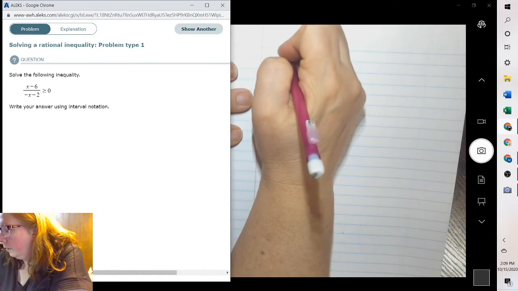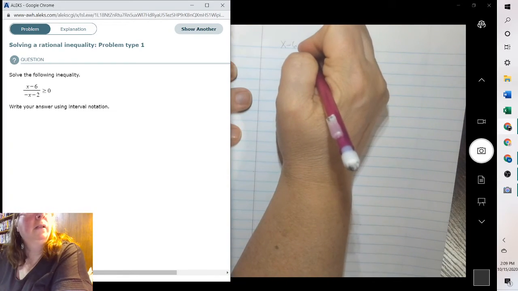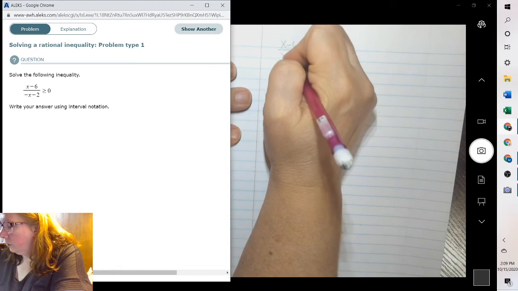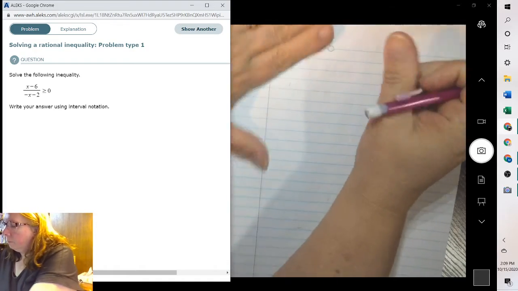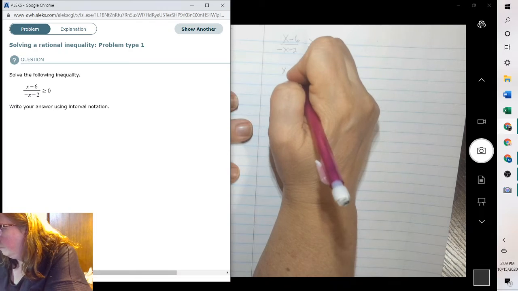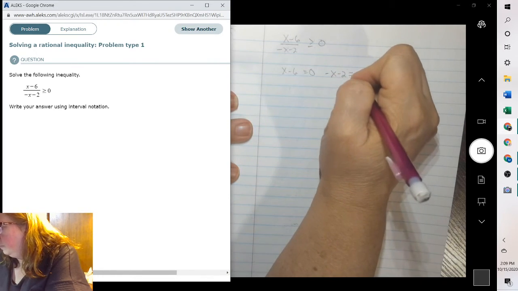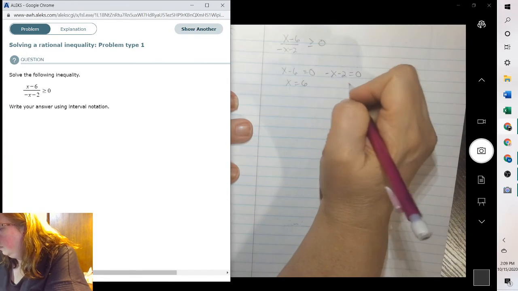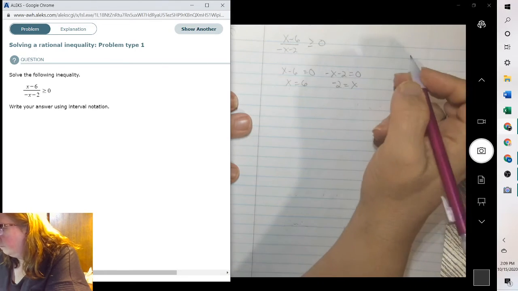We have x minus 6 over negative x minus 2, greater than or equal to 0. So the first thing we do, it's already set equal to 0. So we have x minus 6 equals 0, setting the top and the bottom equal to 0. X equals 6, and negative 2 equals x.